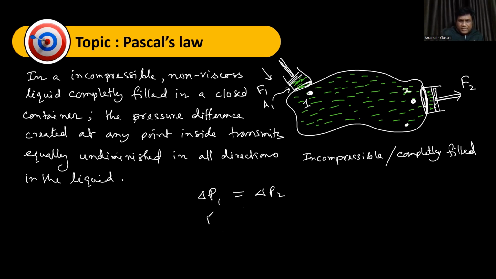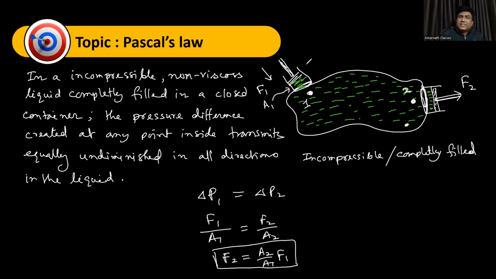The extra pressure I get is F1 by A1, and the extra pressure at the other piston is F2 by A2. So from here you can see F2 equals A2 by A1 into F1. That is a very important formula.